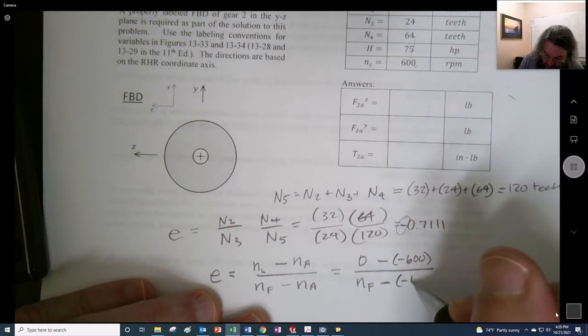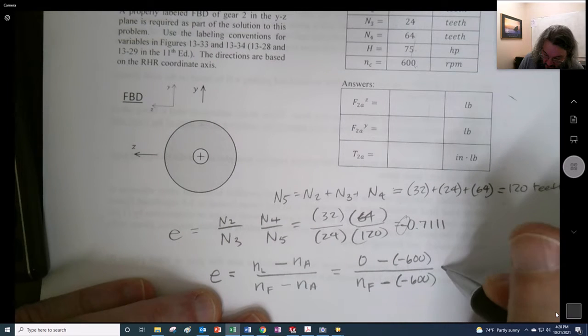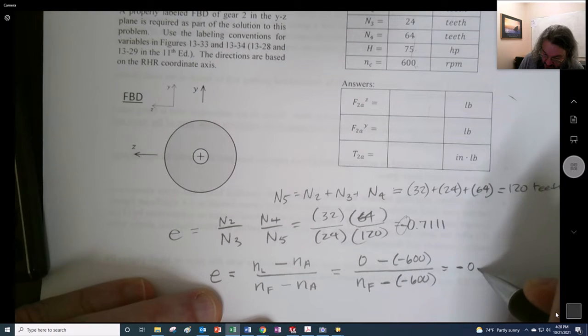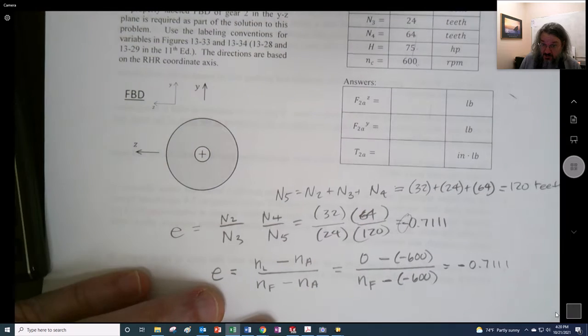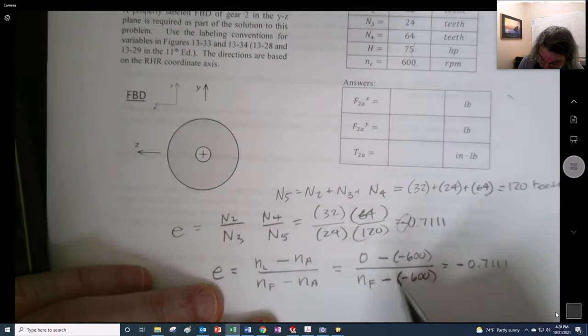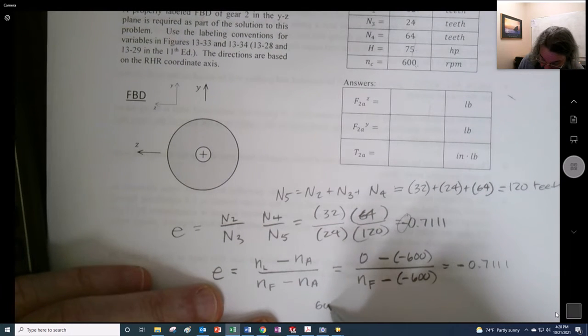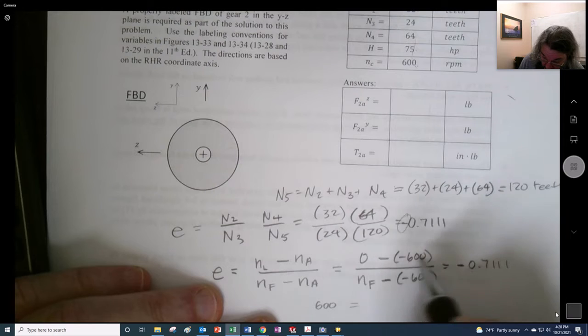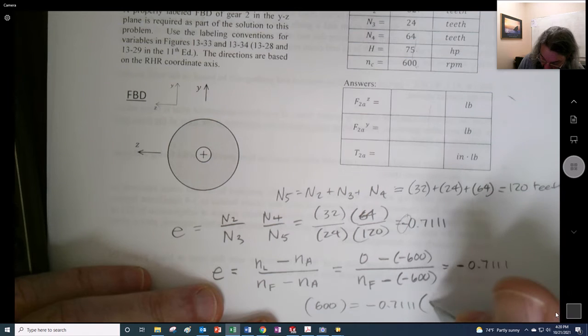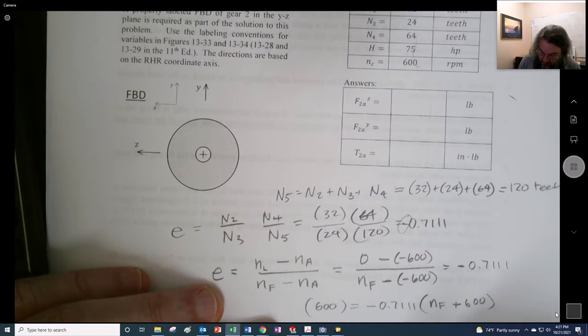We have minus 600, and that's going to equal negative 0.7111. There's a lot of negatives right there. Huh? So let's see, that's going to be 600 right here, and then we're going to multiply negative 0.7111 by NF, and then plus 600, right?